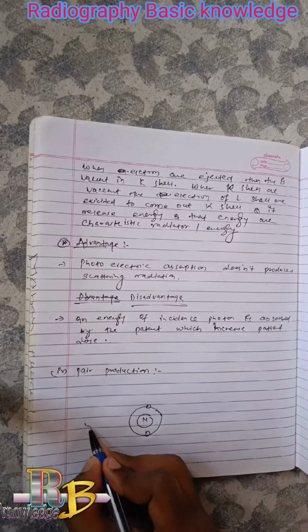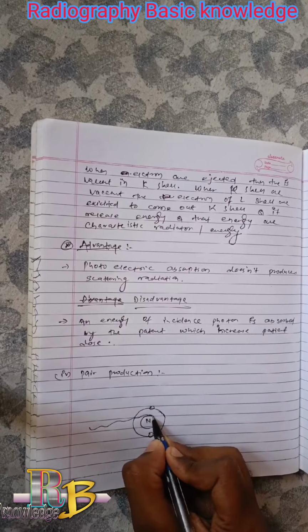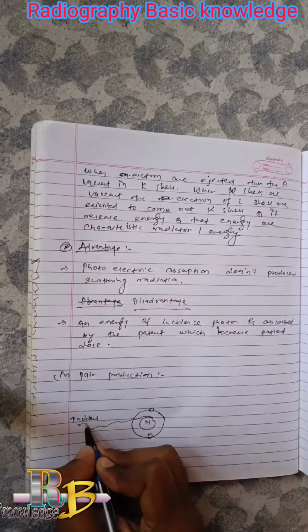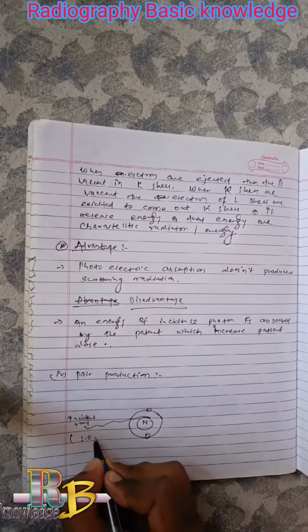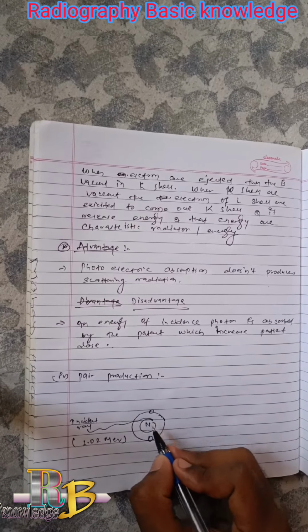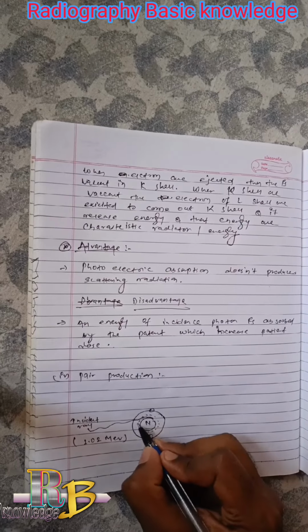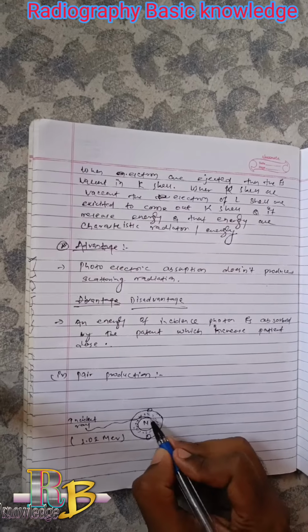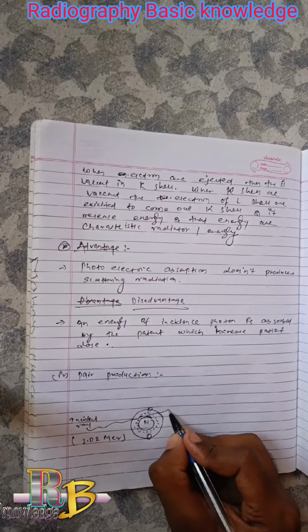When the incident ray comes into contact with the nucleus, the energy of the incident ray is 1.02 mega electron volt, and it overcomes the electrostatic force of the nucleus, and there are two charges, positive and negative.